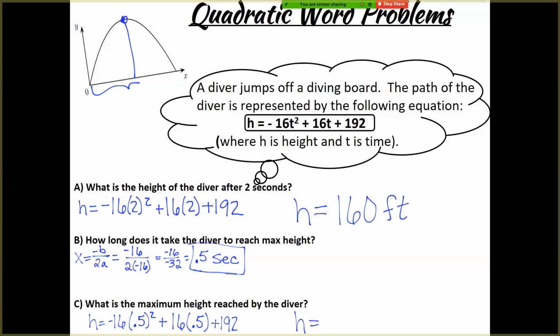So again, watch those negatives, or that one negative. You should get a height of 196 feet. So the maximum height this diver reaches is 196. Are we okay on this one?